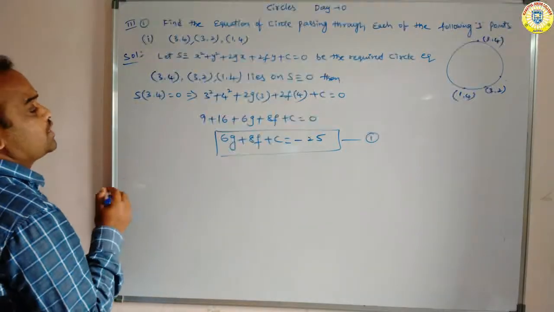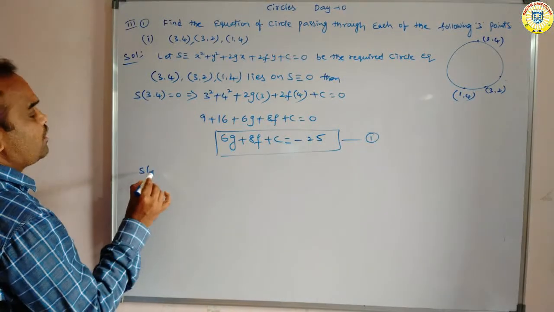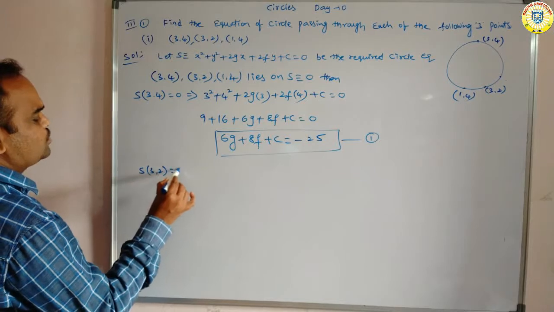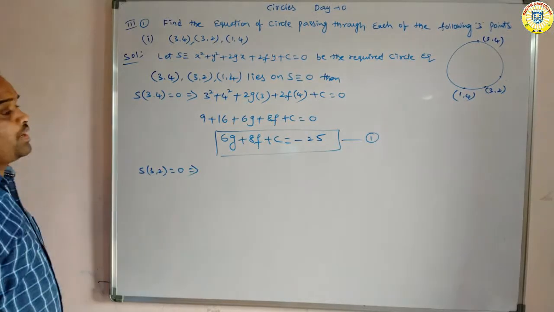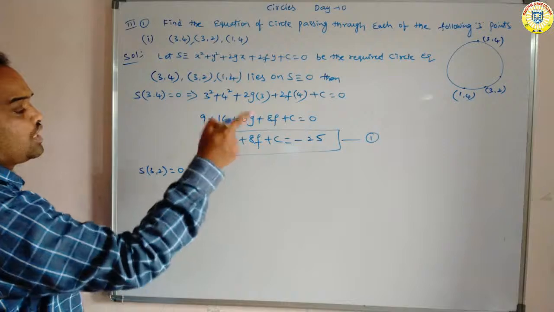What is the next point, sir? 3, 2. Here S of 3, 2 is also equal to 0, since this point lies on the required circle.